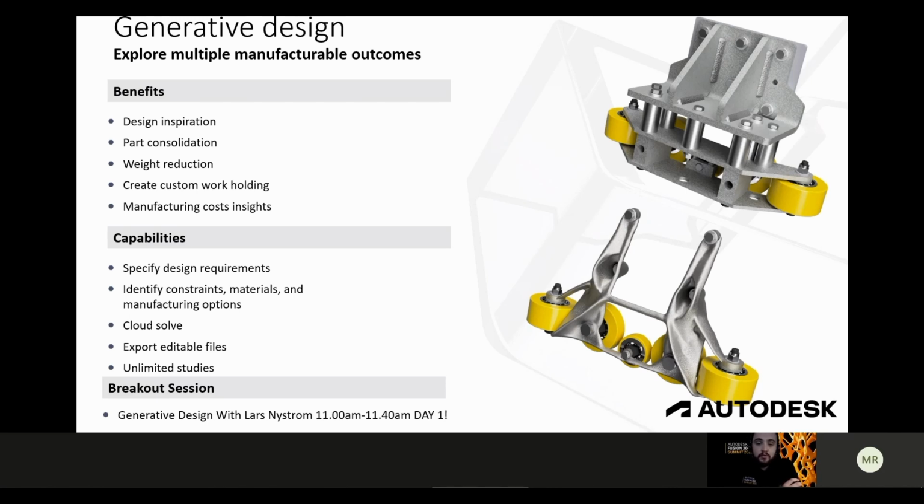You have the option to do things like part consolidation, so you can explore a whole range of design solutions that allow you to consolidate multiple components into solid parts, reducing assembly costs and simplifying your supply chain. And lastly, as everyone wants to improve sustainability, you can meet your company's sustainability goals by using generative design to lightweight your products, creating less production waste and helping you select more sustainable materials.